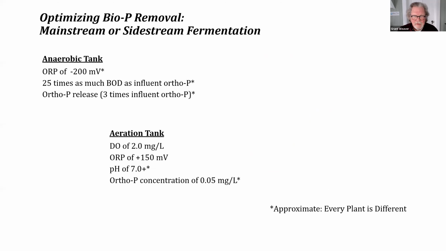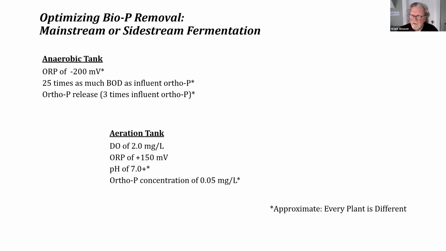So here we go. We want some kind of septic conditions, either in 2 tanks or the same tank, to create the food, and then to interact with the mixed liquor, the bacteria, a percentage of which are going to be the phosphorus removing bacteria. And then those bacteria, including that percentage that's the phosphorus removing bacteria, need to be moved into aerobic conditions.